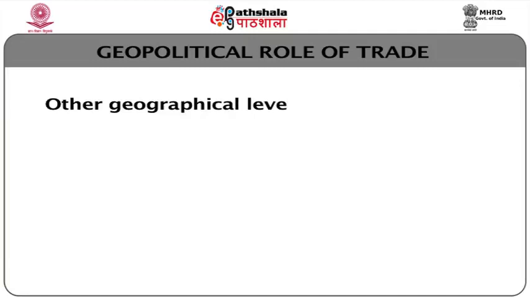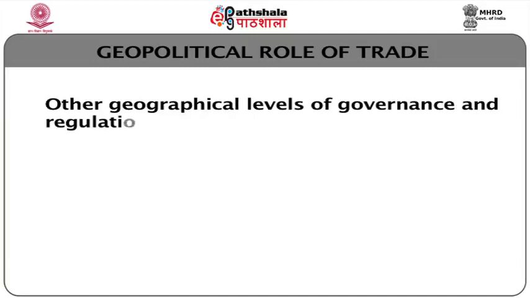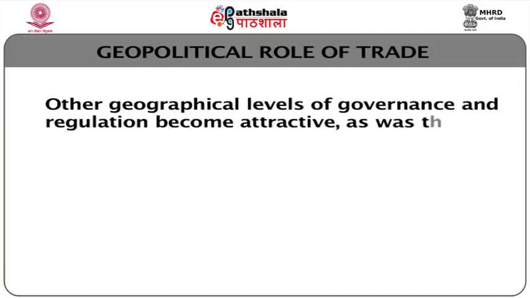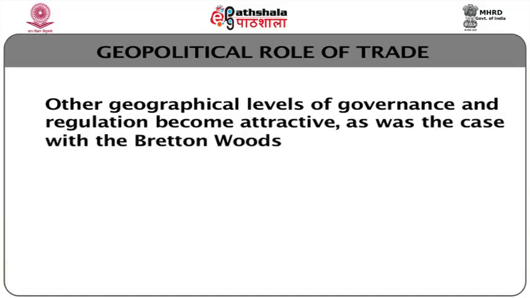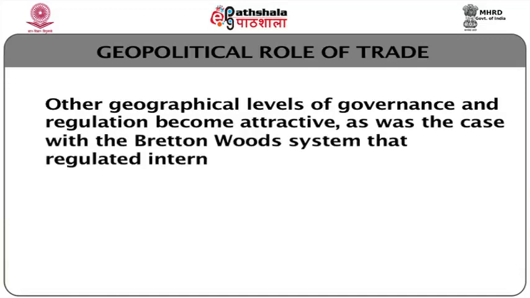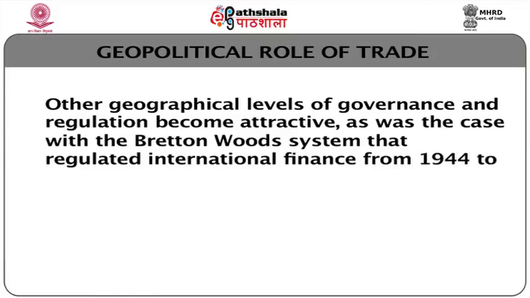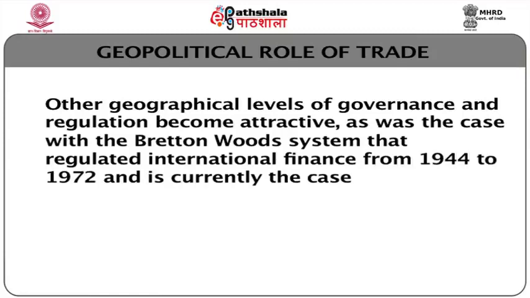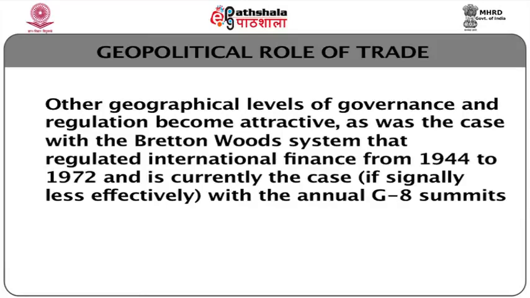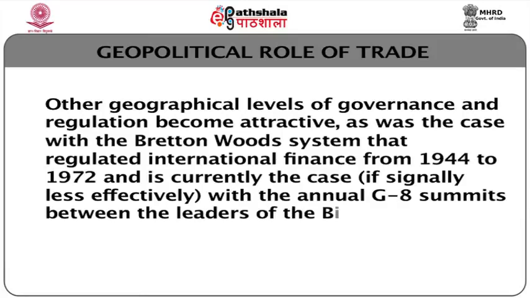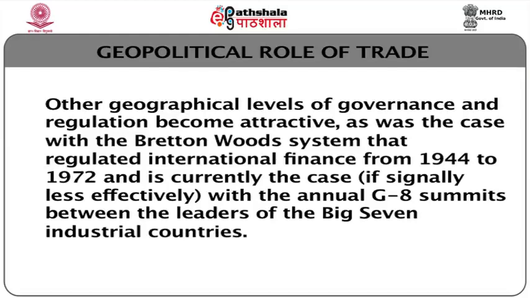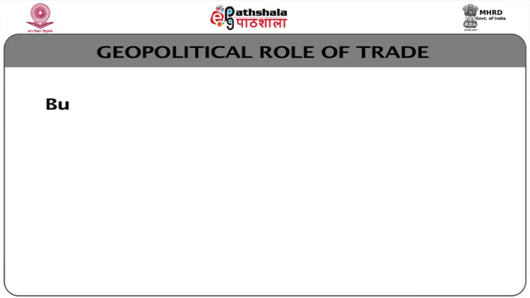Other geographical levels of governance and regulation become attractive, as was the case with the Bretton Woods system that regulated international finance from 1940 to 1972, and is currently the case, if significantly less effective, with the annual G8 summits between leaders of the Big Seven industrial countries.